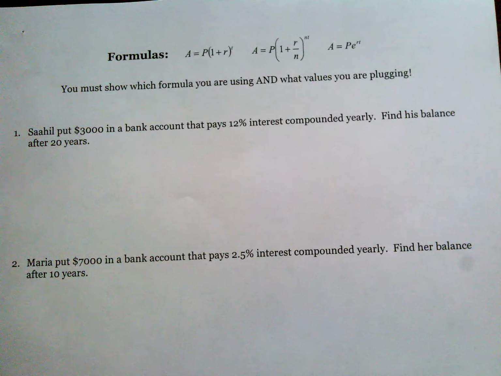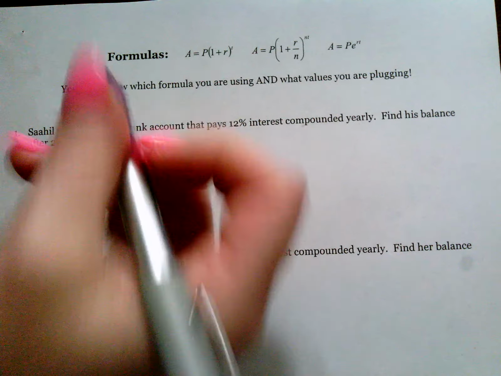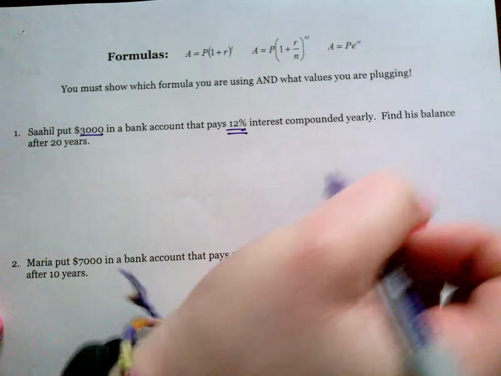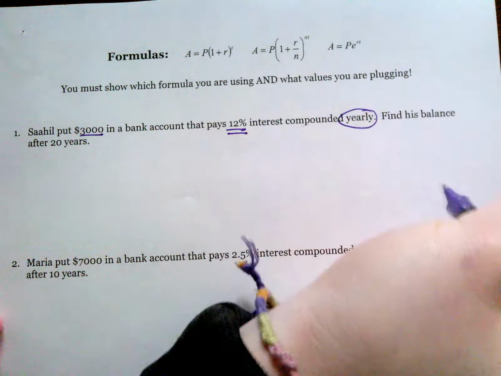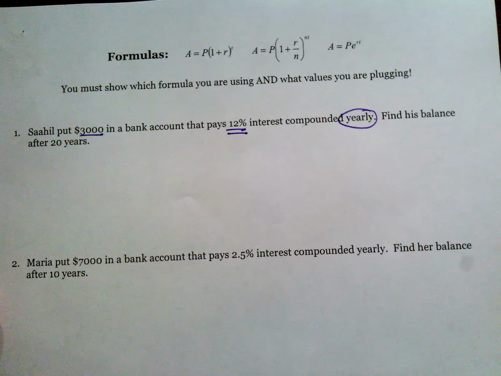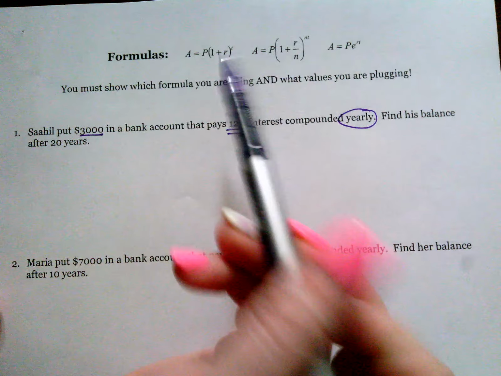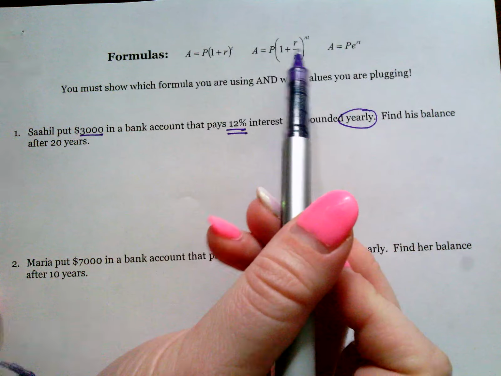So Sawhill put $3,000 in a bank that pays 12% interest, and it's compounded yearly. So that's 1 time per year. Find his balance after 20 years. It's compounding yearly, so really either formula would technically be fine. All I need to do is 1 plus r to the power of t.